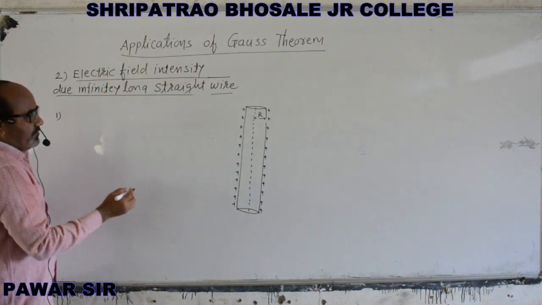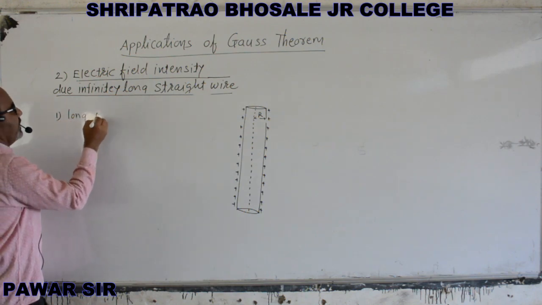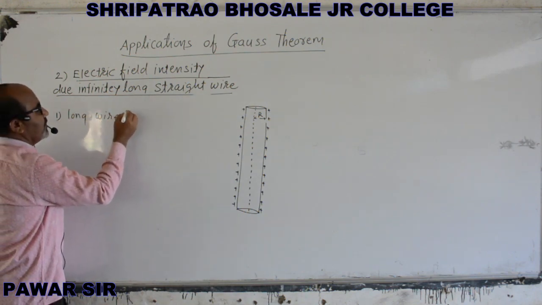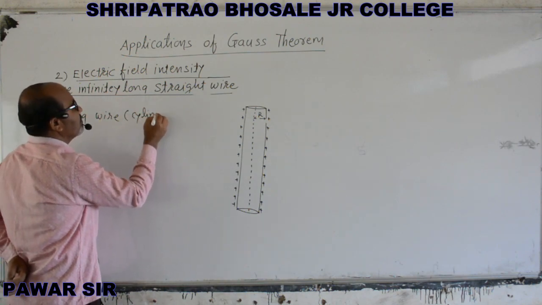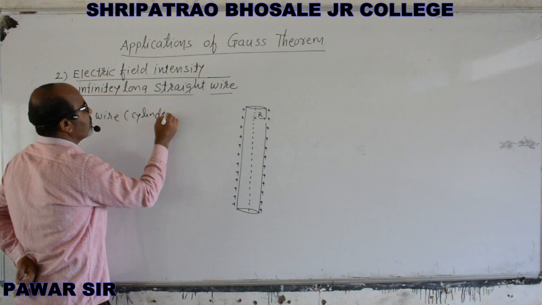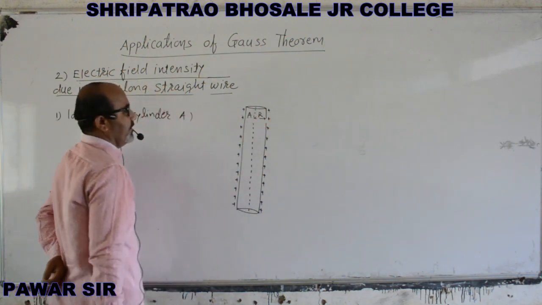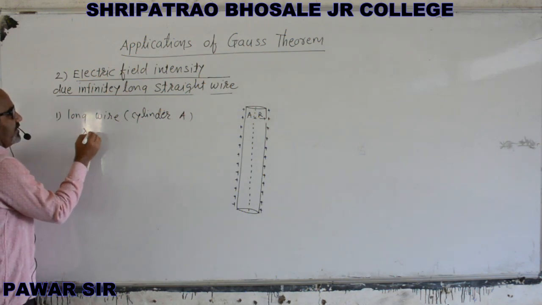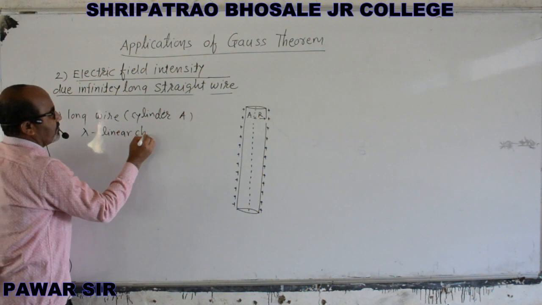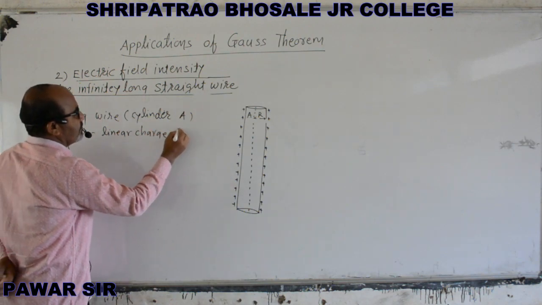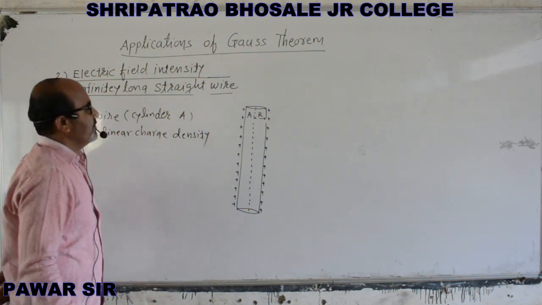So consider a long wire. We say it is in cylindrical form. This is cylinder A. Let lambda be the linear charge density of the wire.